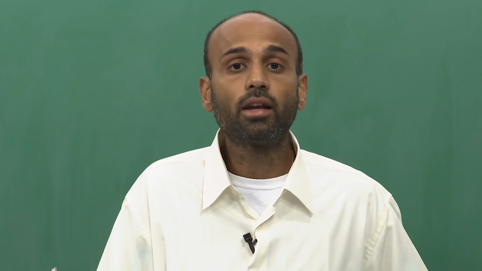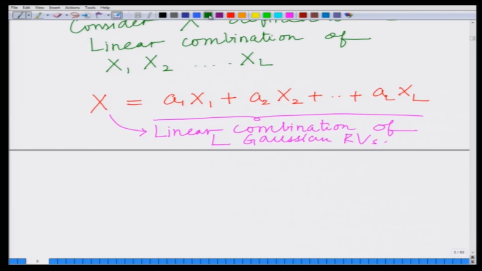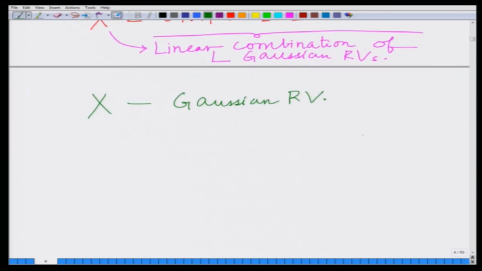So, capital X, which is the linear combination of x1, x2, xl, is another Gaussian random variable. So, such a random variable x which is generated as a linear combination of Gaussian random variables is in turn a Gaussian RV.